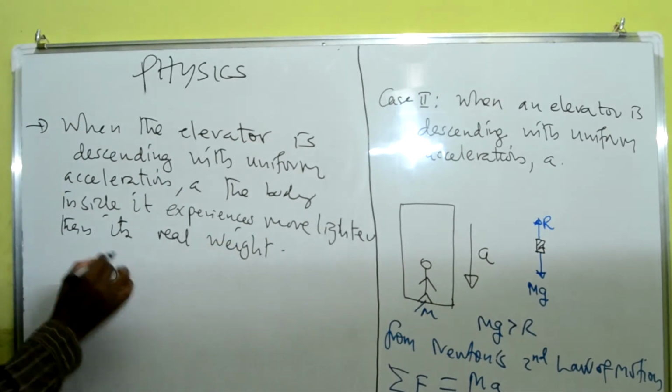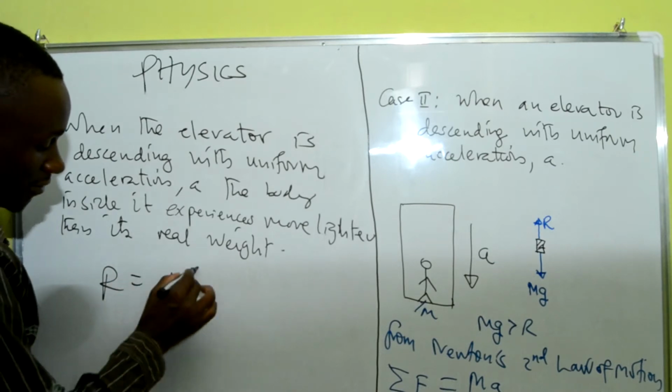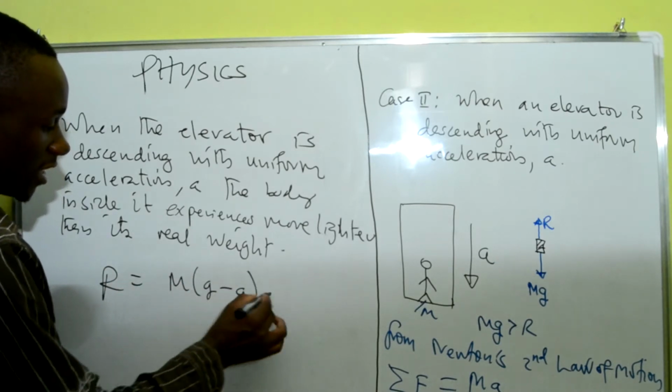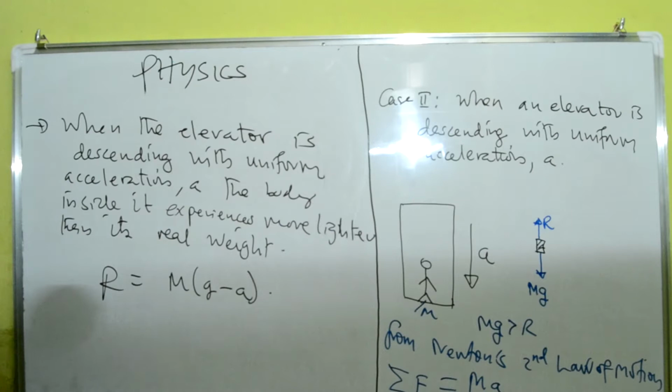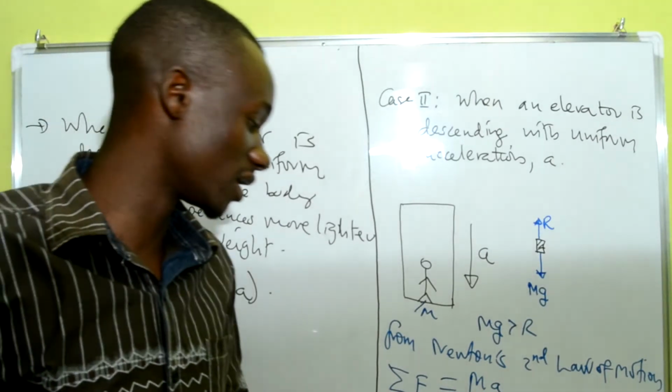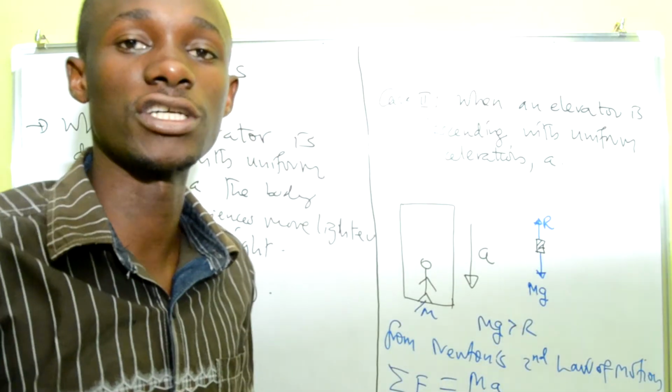And its apparent weight is given by mg minus a when the elevator is moving down with the uniform acceleration a.